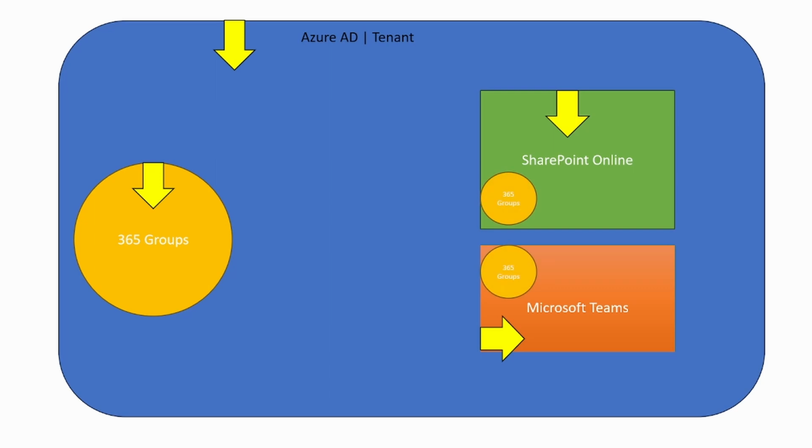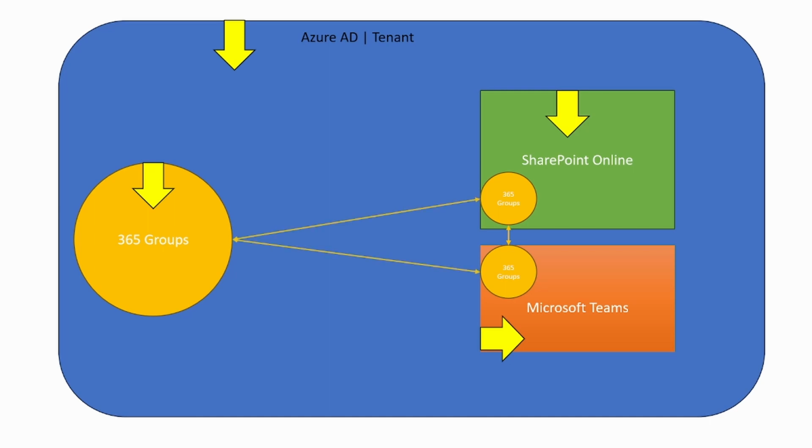As soon as you create a new team, it will create a SharePoint Online team site, which is also connected to the same 365 group that you created the team with. So every team and every SharePoint team site that's connected for Teams is backed by a 365 group.